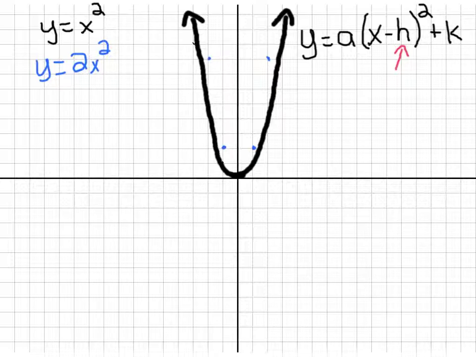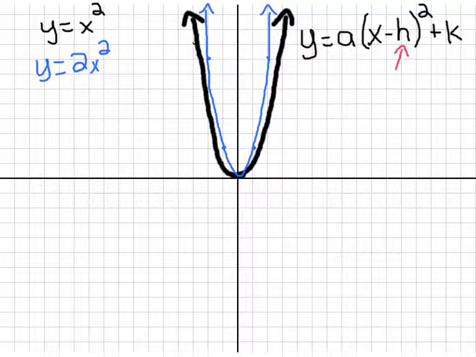Okay, now we're going to draw a line and try to connect all of those. And what we'll notice on this one is that this particular graph, the one in blue, is a little more narrow than the one that we have in black.